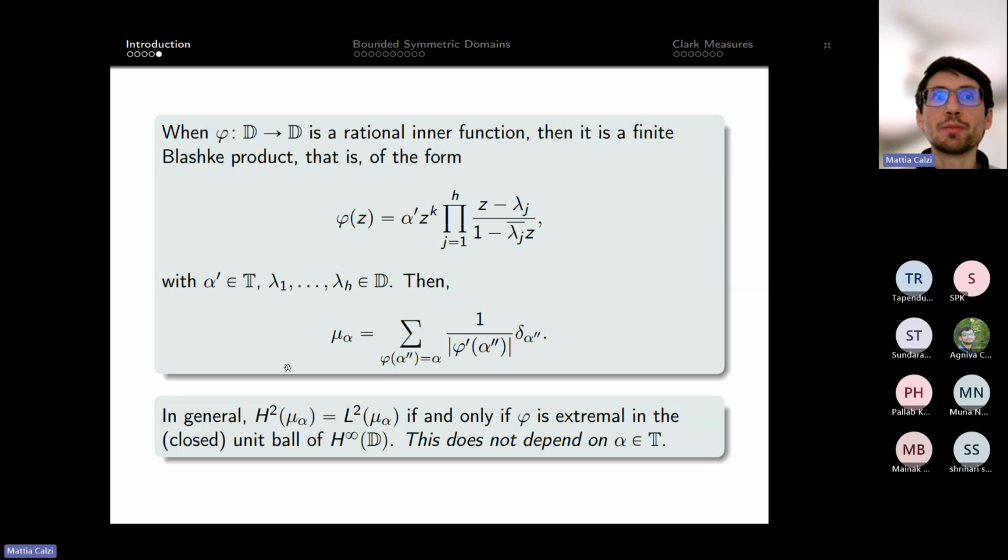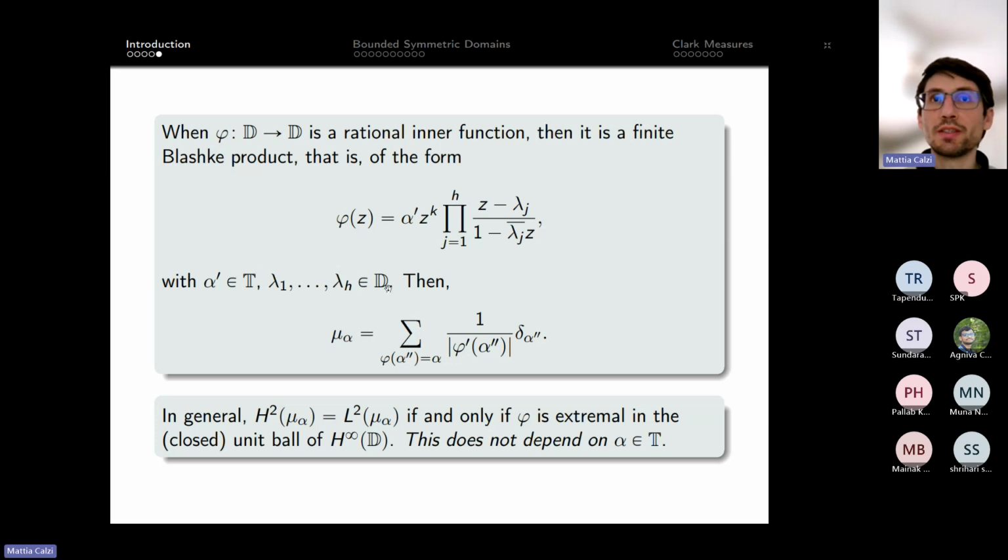And here are some examples. The first is the case of phi a rational inner function. And this means that phi is a finite Blaschke product. So it is an object of this form. It is a product of a unimodular factor, a monomial, and a product of these objects here, which are simply biholomorphisms of the unit disk with different zeros.